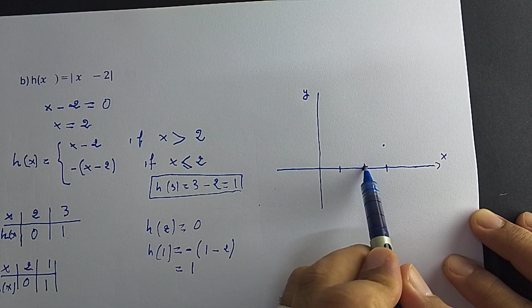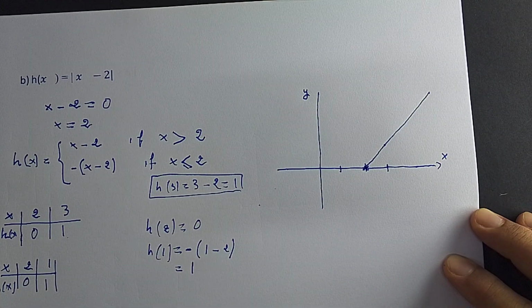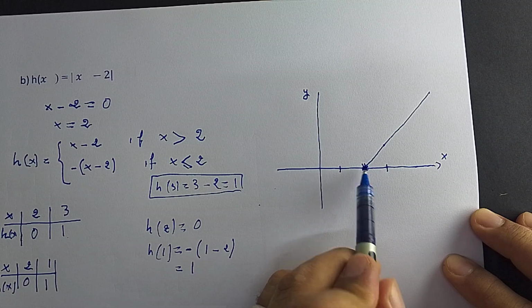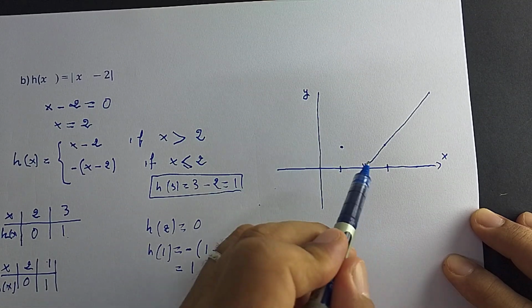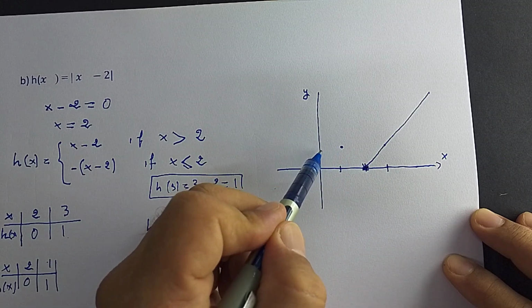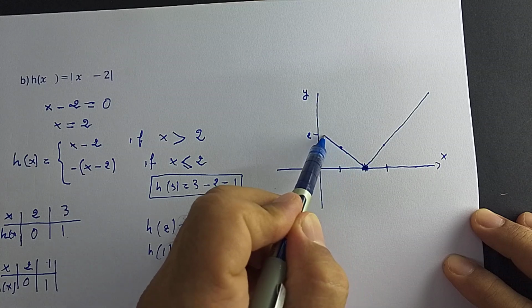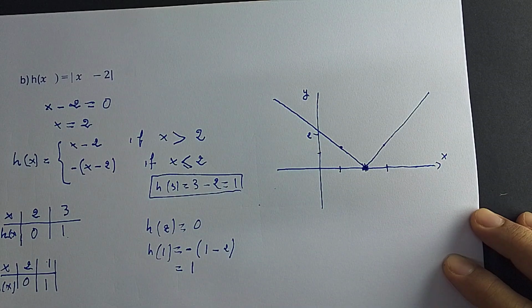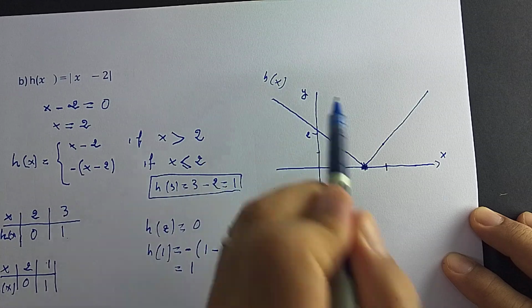Okay, this is the first part of the graph of h. For the second part, I take the point 2, 0 and 1, 1. It will be at 2 here. So this is the graph of h(x).